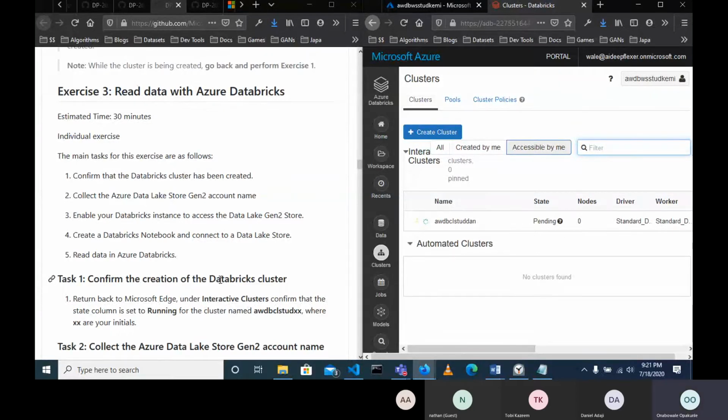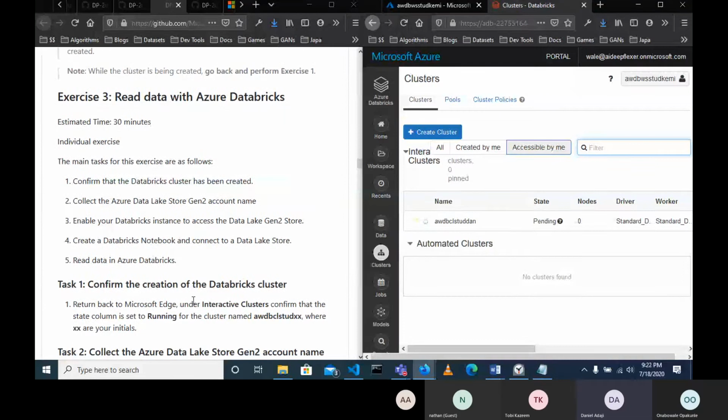I'm wondering, should we start discussing the next lab, or should we just wait for it? What do you guys think? Yeah, I think we could move on. When it's ready, we move back. Okay. To save time.